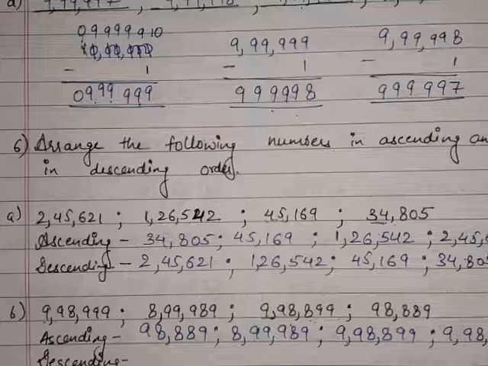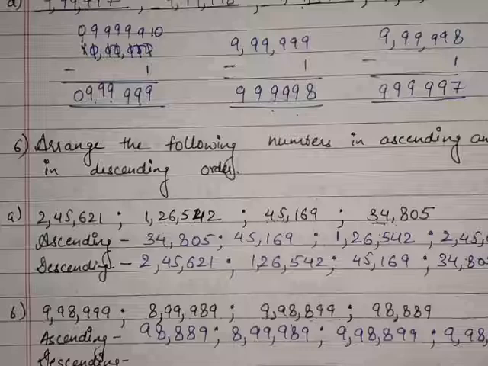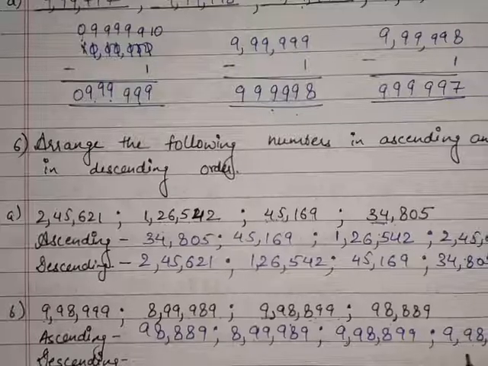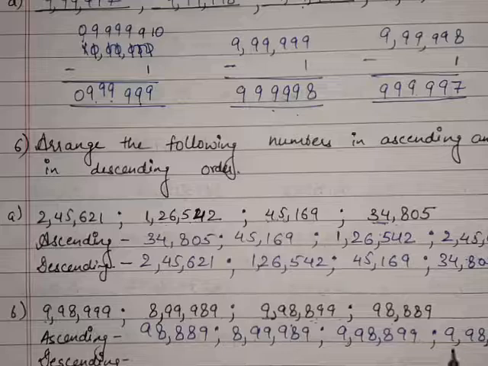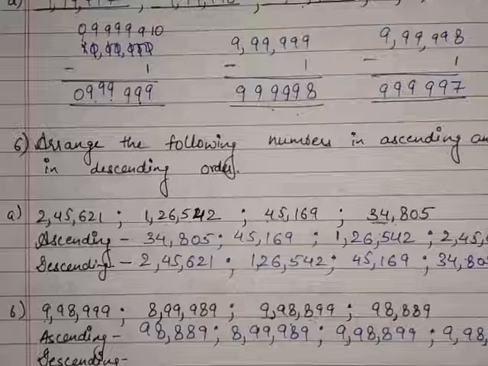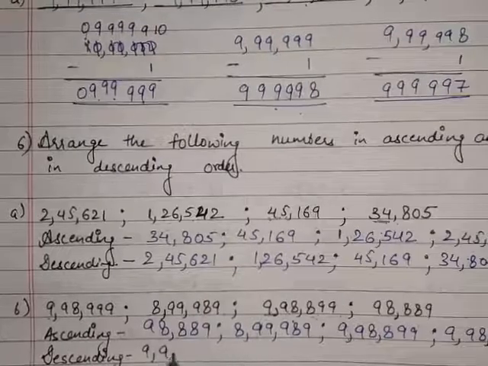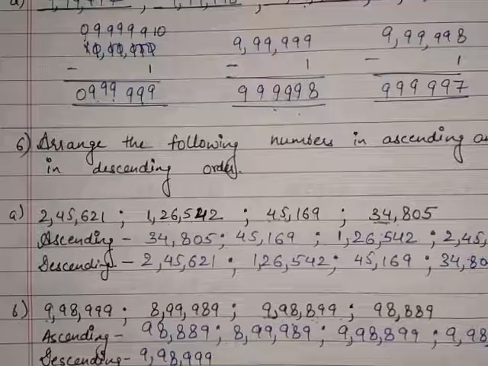Okay, now what is the descending order of this? How will we arrange it? We can write the opposite of the ascending order. What was the last digit in this? It will become the first digit in this. Okay, what was the last number? It will become the first number in the descending order. What was the last? It was 9,98,999. Okay.